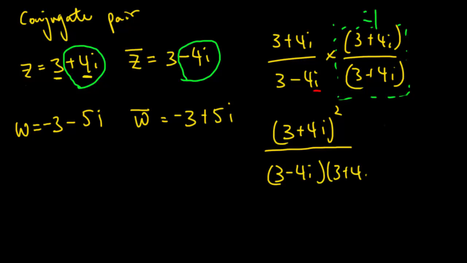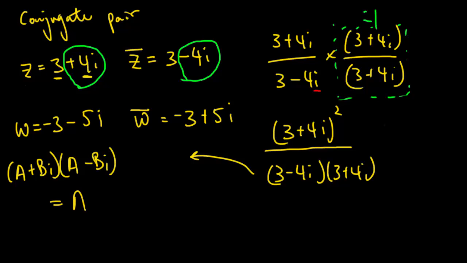Now one very neat trick that you can do is that whenever you have the same numbers but different signs for a complex number, a plus bi multiplied by a minus bi, that is actually equal to a squared plus b squared. Remember it's plus.